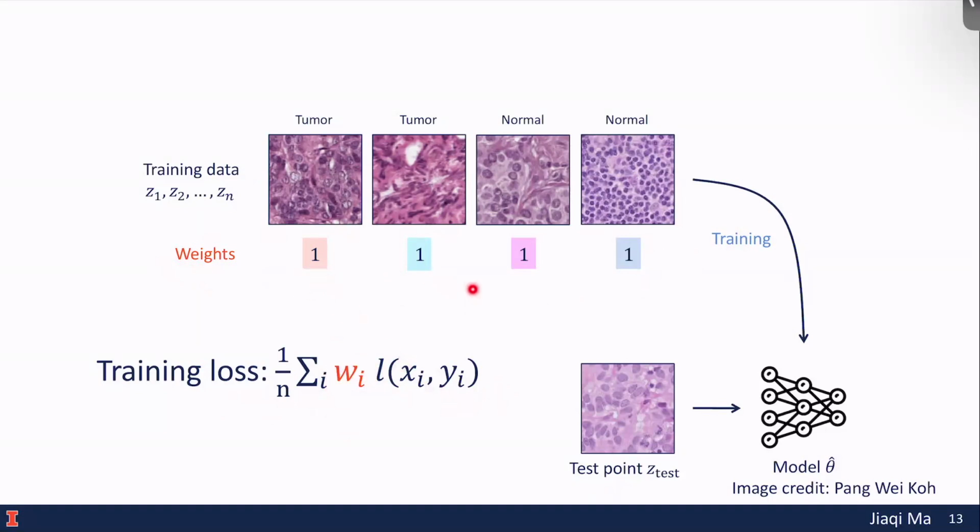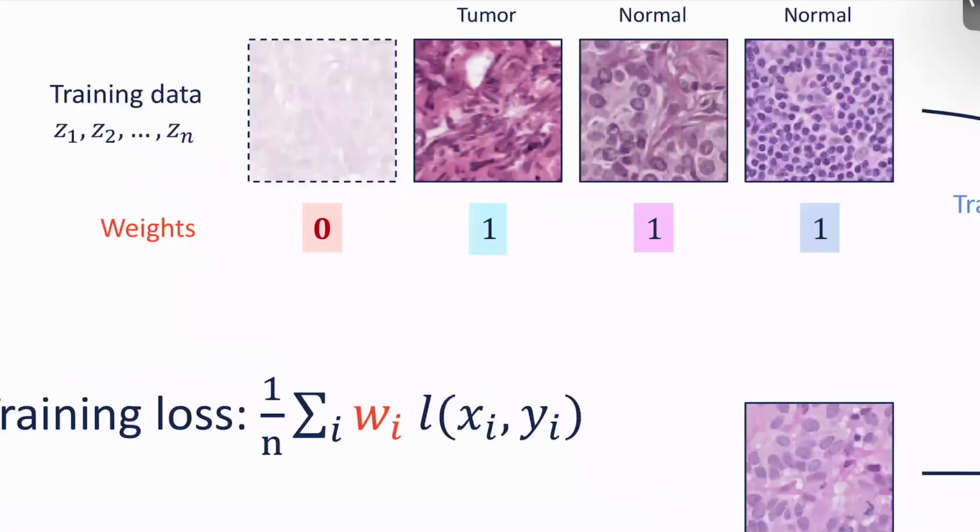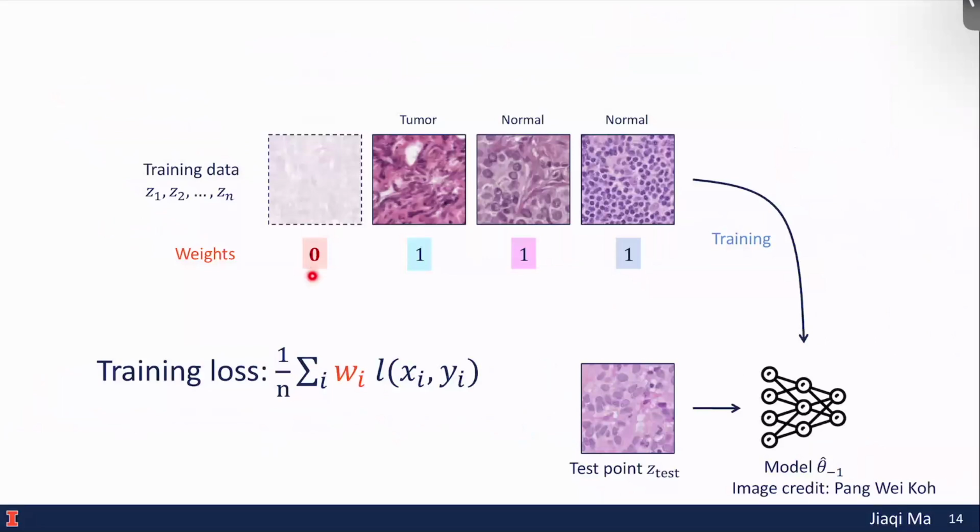When the weights are all set to one, this is exactly the original training loss. Now, if we set one weight to be 0, this is equivalent to removing this training data point.